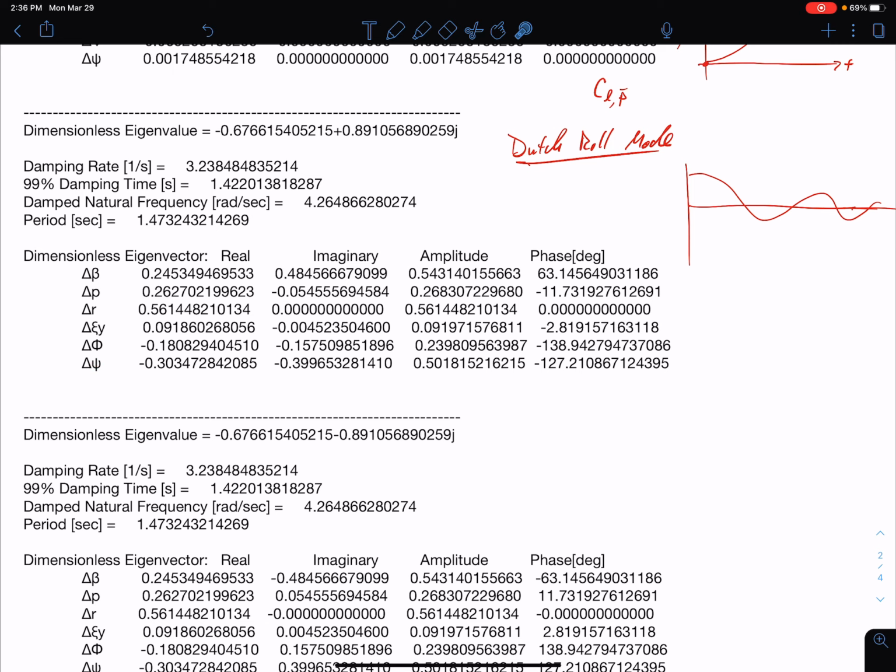This kind of feels a little bit like fishtailing in a car, where the back of the aircraft maybe wants to pull ahead of the front of the aircraft a little bit, but then it oscillates, and then it'll fishtail to the other side and go back and forth. But you experience that not only in yaw but also roll simultaneously. So now we could look at the phase angles here, and you could figure out which of these are happening when.